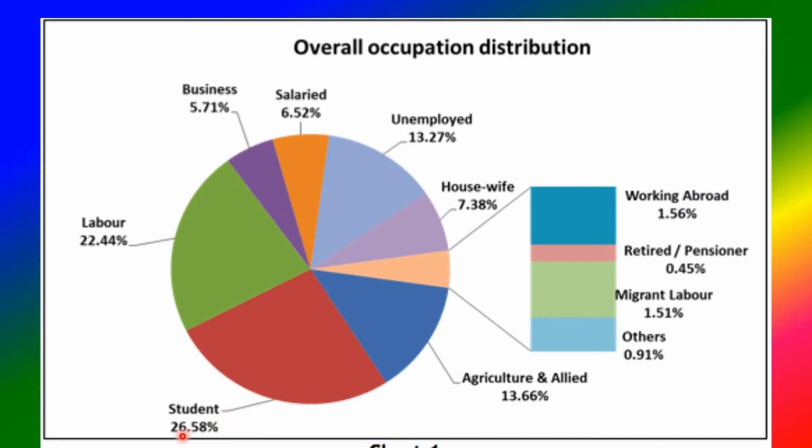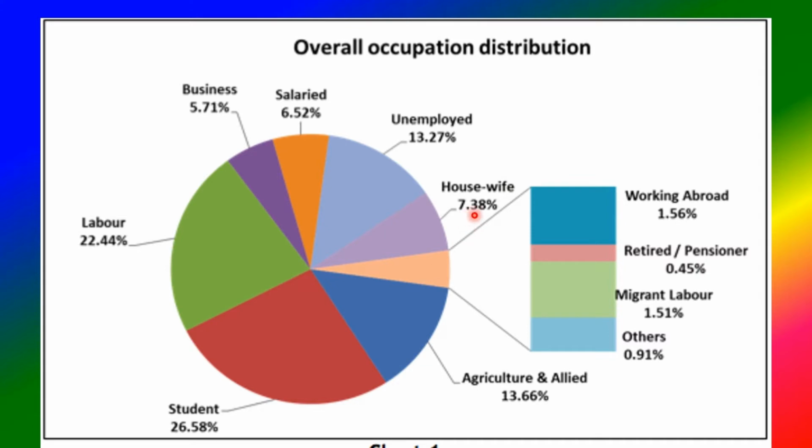Student 26.58 percentage. Labor 22.44 percentage. Business 5.71 percentage. Salaried 6.52 percentage. Unemployed 13.27 percentage.